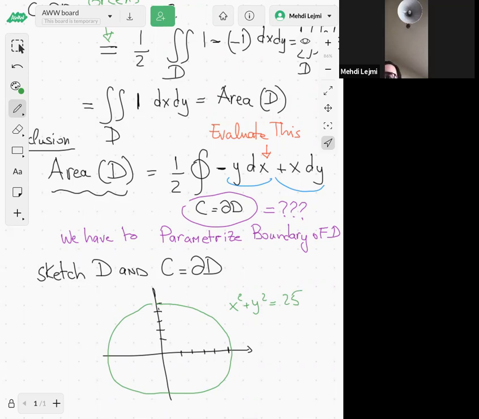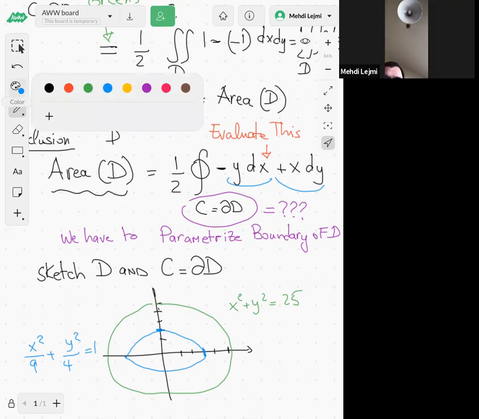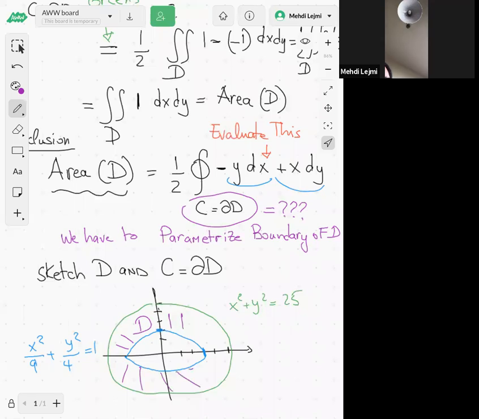So if y is 0, then x, for example, would be 3. And if x is 0, y would be 2. So the ellipse would be this one here. And so the region D is the region between the circle and the ellipse. This is my region D.